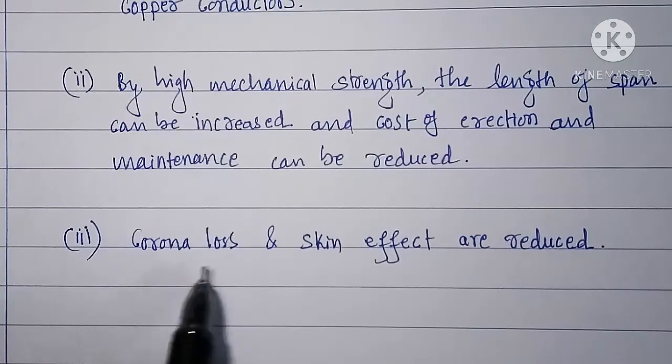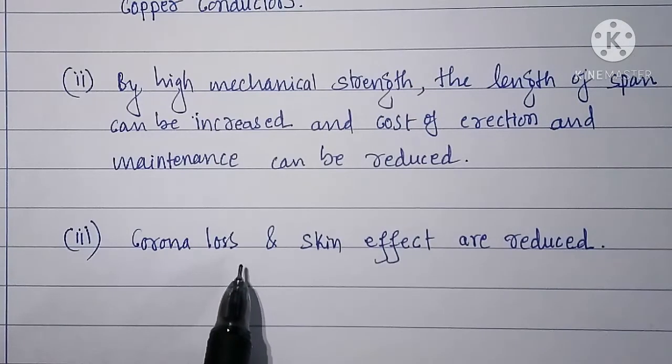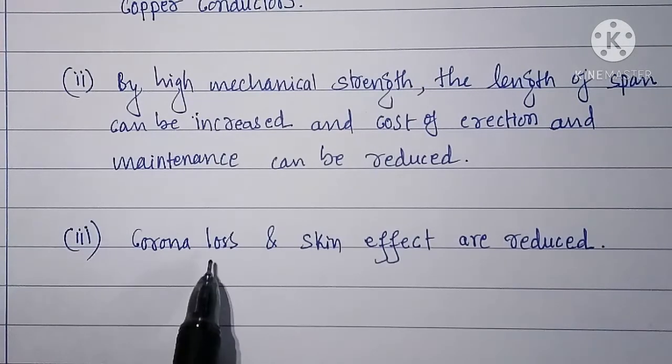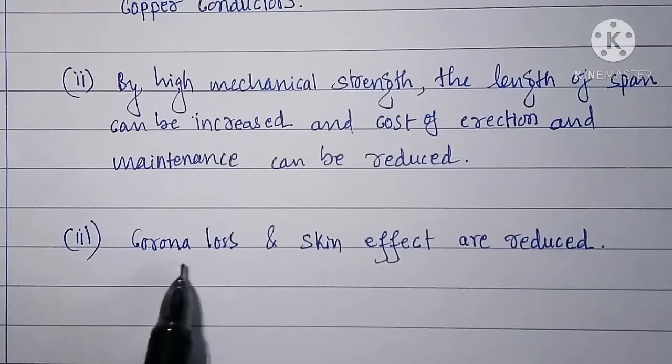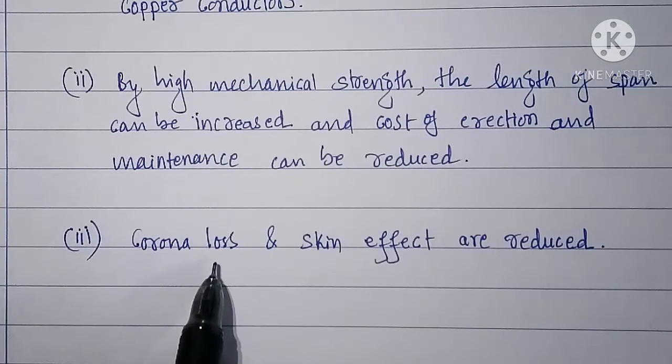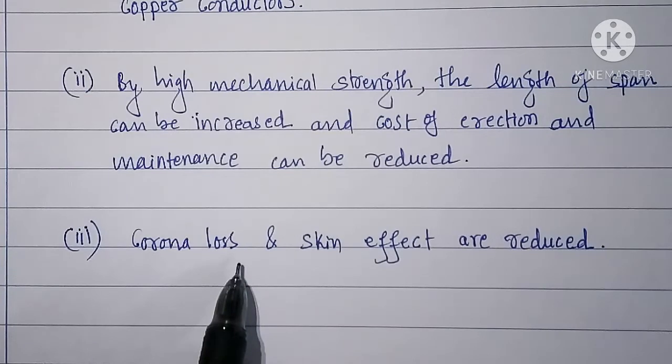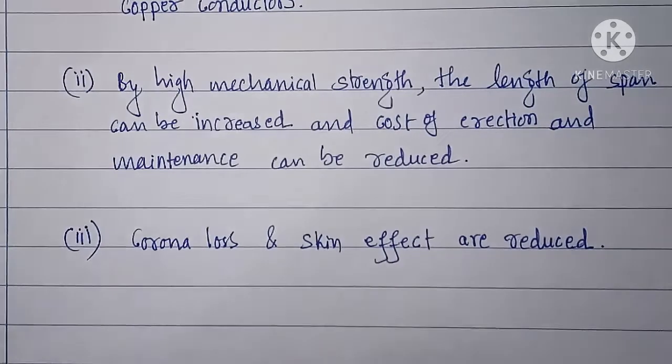So I just ask you to relate coronal loss with the radius of conductor to find out whether coronal loss is inversely proportional to the radius of conductor or not, right?